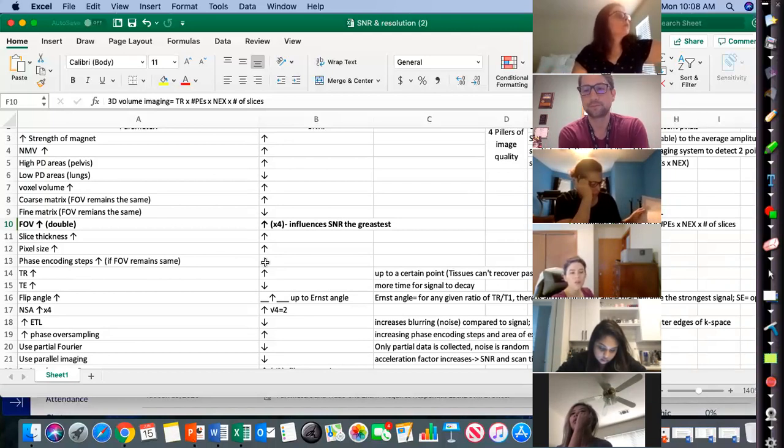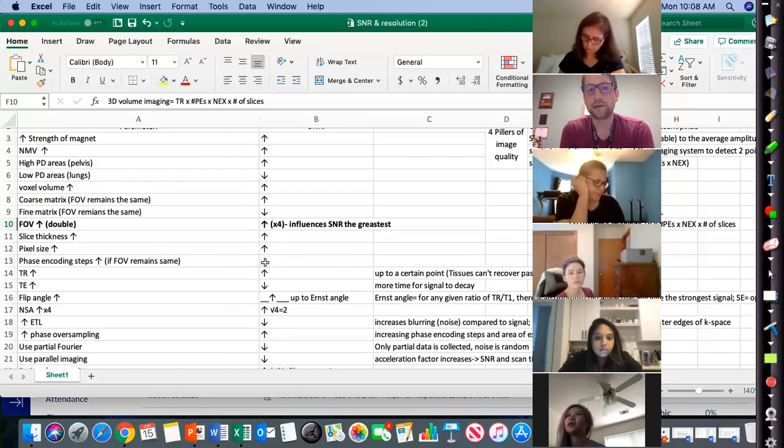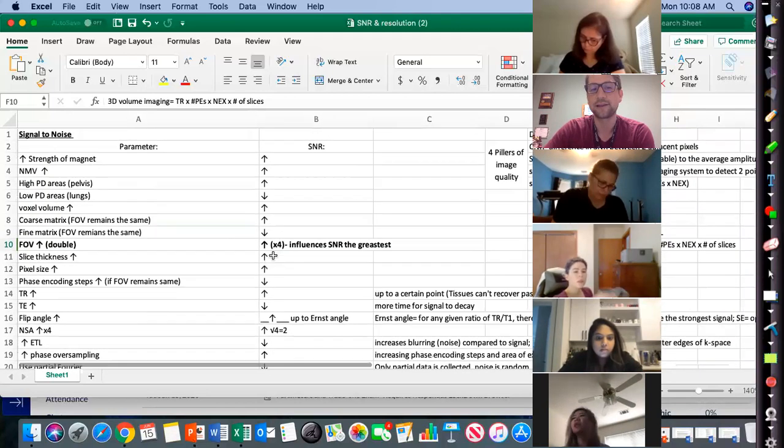No. In this scenario, it says phase encoding steps are increasing. Is it scan time? Well, that increases, but it'll create SNR because it's part of the equation.